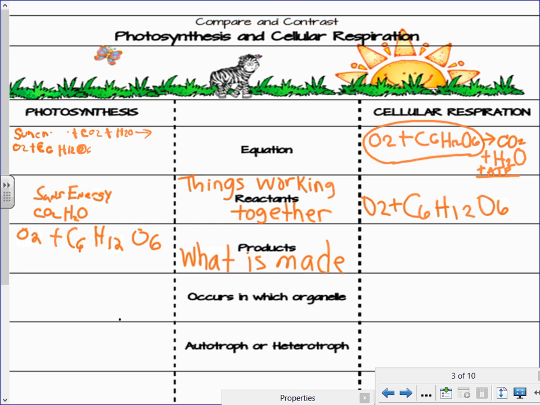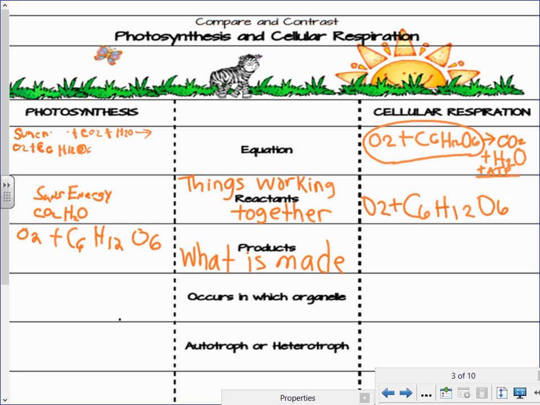For cellular respiration, what is made, Gabriella? Say it again. Water, energy, and? Not O2, look at that. What's that first thing? What's CO2? What do we breathe out? No, we don't breathe out oxygen.